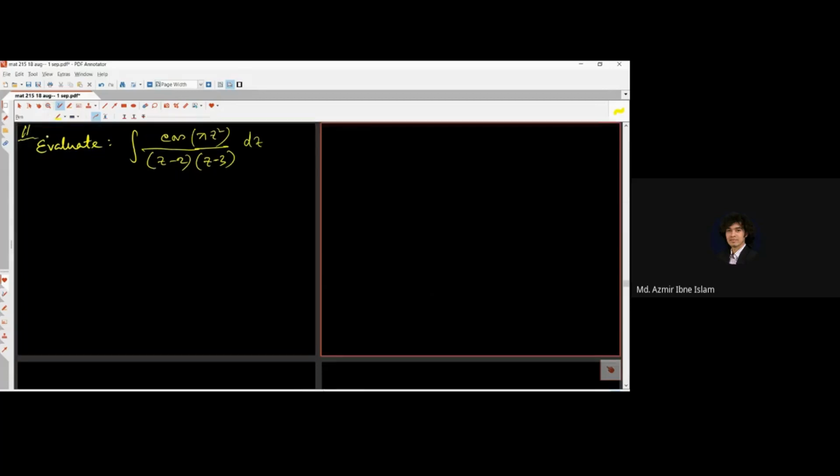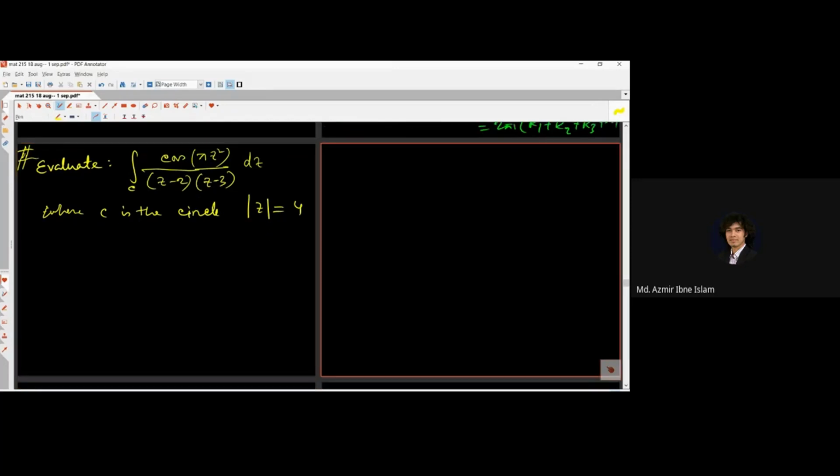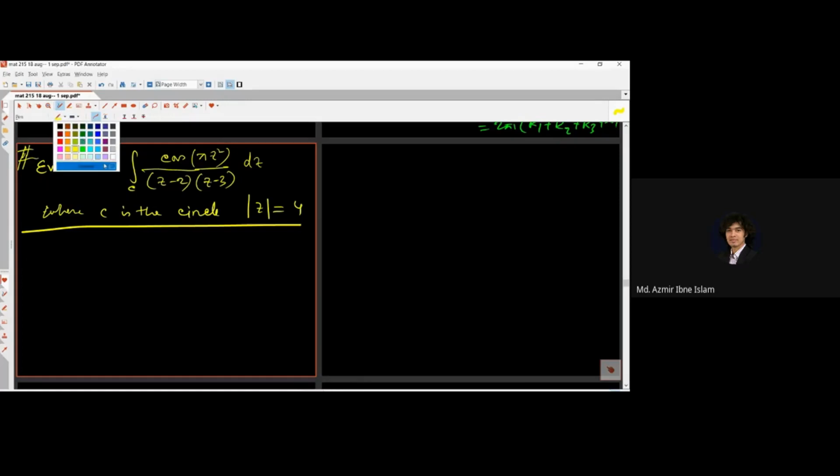So I have written here the integration of cosine pi z squared over (z negative 2)(z negative 3) dz. Here, C is the circle, modulus of z equal to 4. So now, depending on this path, we have to evaluate this one, and remember, we have to evaluate this by using Cauchy's residue theorem, or we can say CRT.